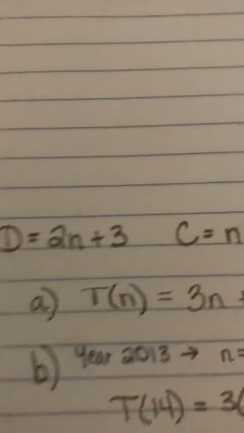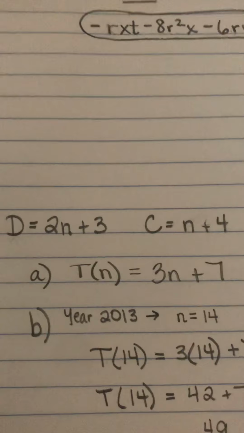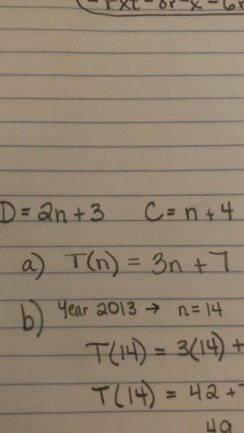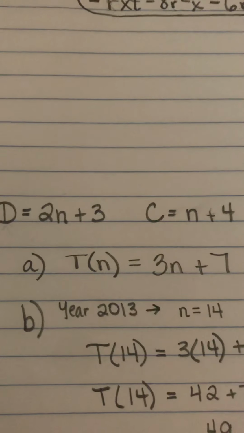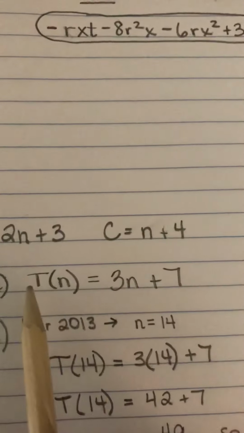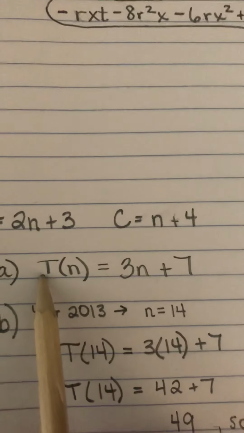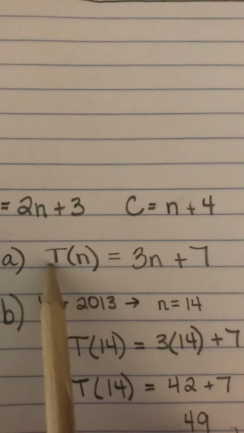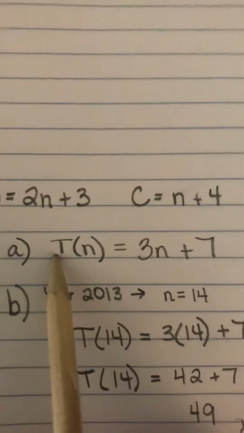On A, they asked you to write a function that models the total number T of dogs and cats adopted, in hundreds, for the time period. So I used T because it asked me to write a function for the total number T of dogs and cats.